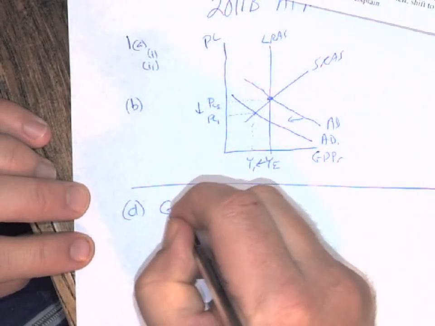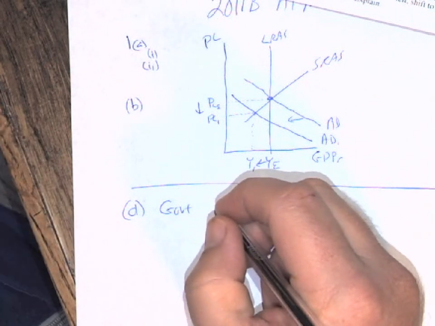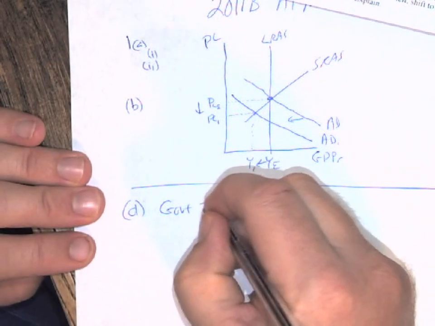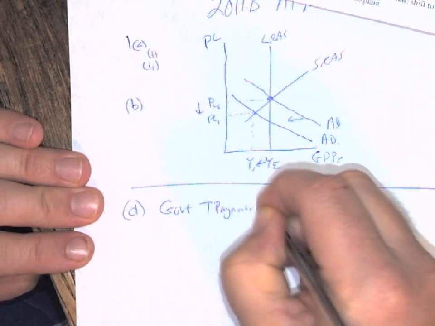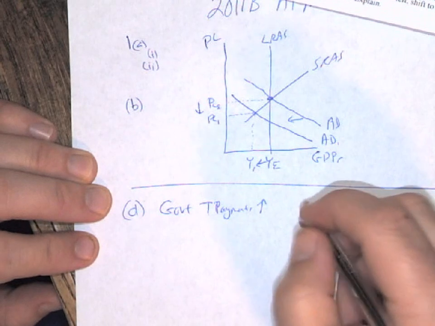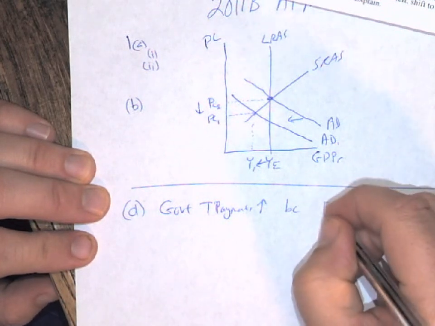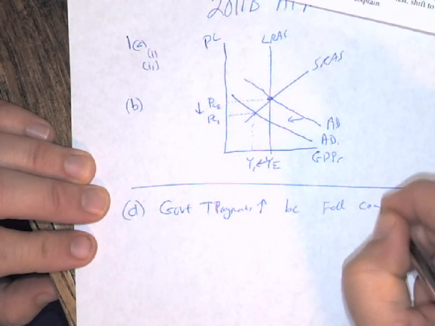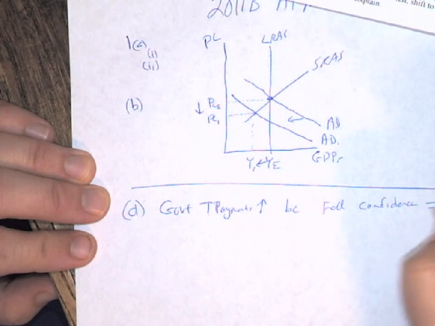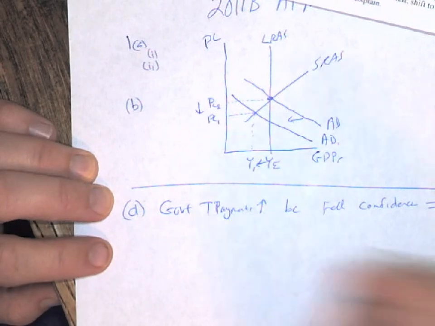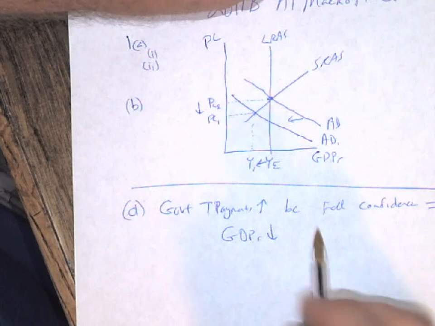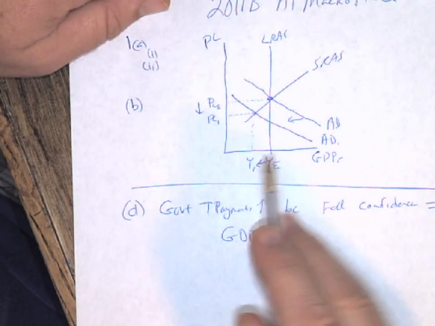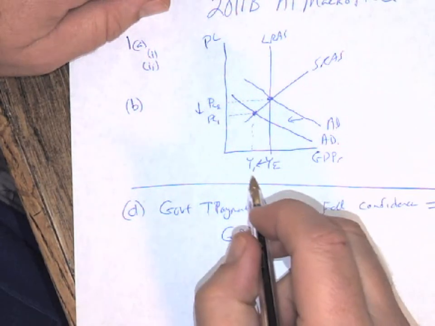So government transfer payments will go up, because the fall in confidence leads to aggregate demand decreasing. When aggregate demand decreases, that means GDP is decreasing, right? So if GDP decreases and shifts to the left, we are below full employment equilibrium.